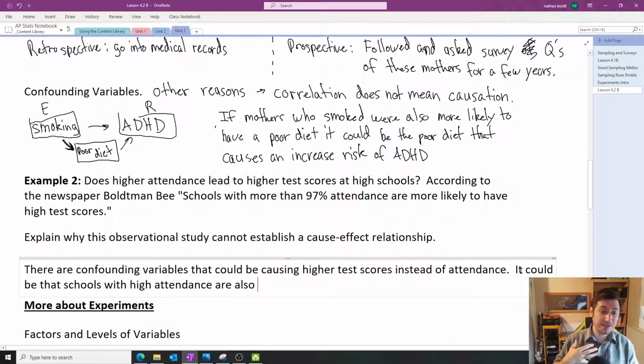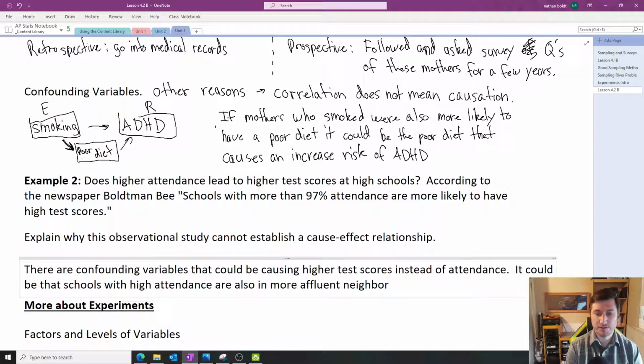I just have to connect those ideas to the response variable and to the explanatory variable, okay? Are also in more affluent neighborhoods, and being in an affluent neighborhood is causing the higher test scores.